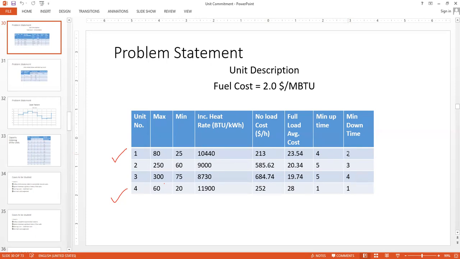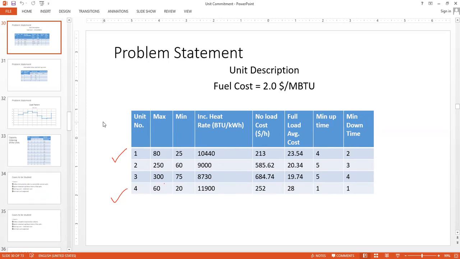It has been down for a duration of 5 hours, which is higher than the minimum downtime of 2 hours. So you can turn unit 1 on if required, because the off time is greater than the minimum downtime.